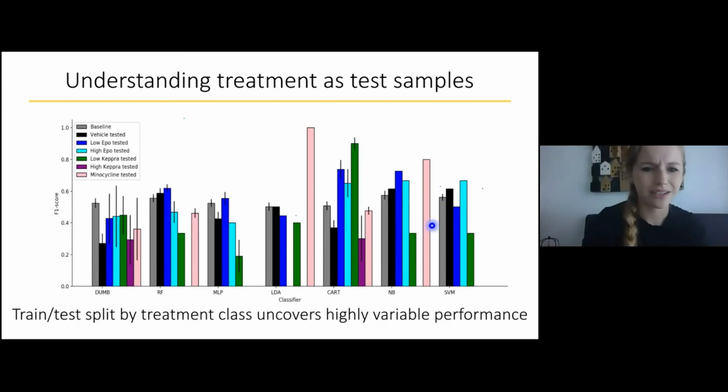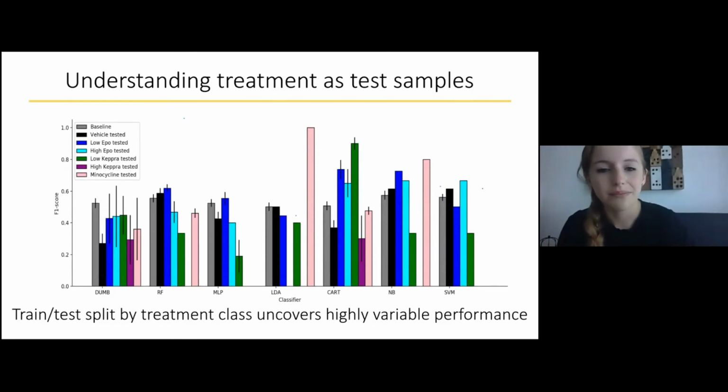And this uncovered a huge amount of variability. Some were getting 0 and some were getting 100% in their ability to classify samples from treatments it had never seen before. This led us to start making the hypothesis that different treatments might actually be leading to different patterns of multivariate functional recovery.